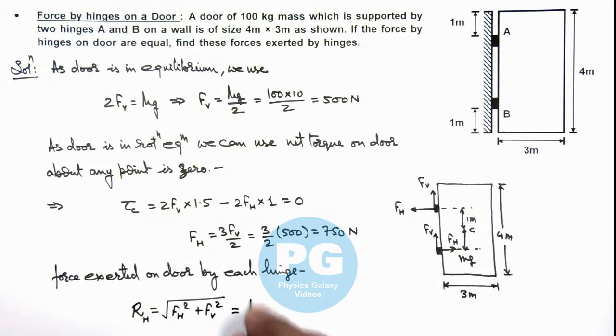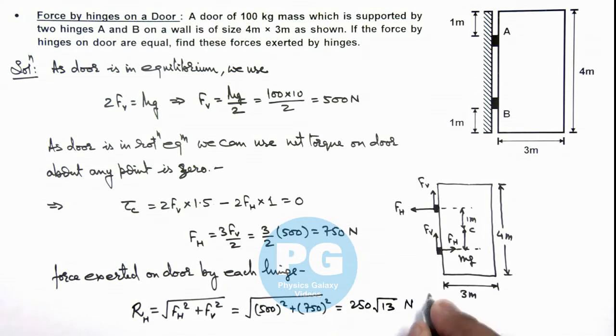So this is root of 500 square plus 750 square. On simplifying, this will give us 250 root 13 Newton. That is the result of this problem.